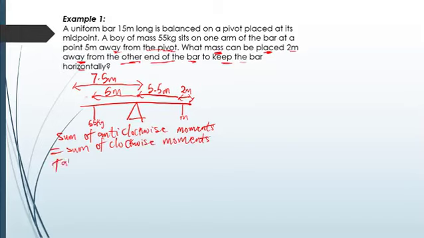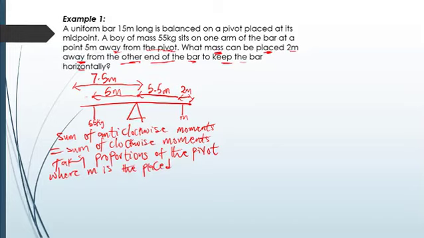Now we want to take moments about the pivot, where M is the placed mass. So we're going to have M times 5.5 equal to 55 times 5.